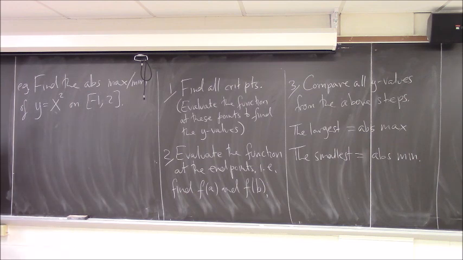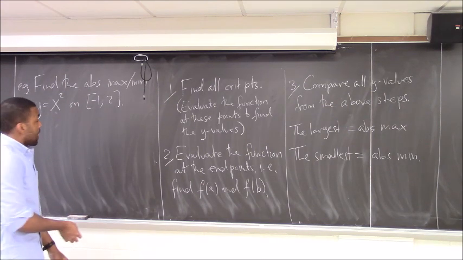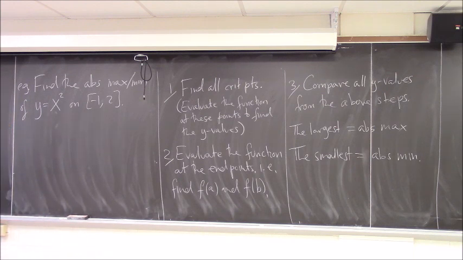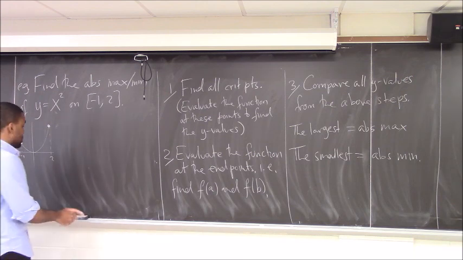So we know these points exist because x squared is continuous on this interval. In fact, it's continuous everywhere. It's a polynomial. And you can probably also see what these points are going to be. This is y equals x squared. We're going from x equals minus 1 to x equals 2. You can kind of already see what the picture looks like, but what if we didn't know the picture? We can still find them through this process. But let's actually go through it.